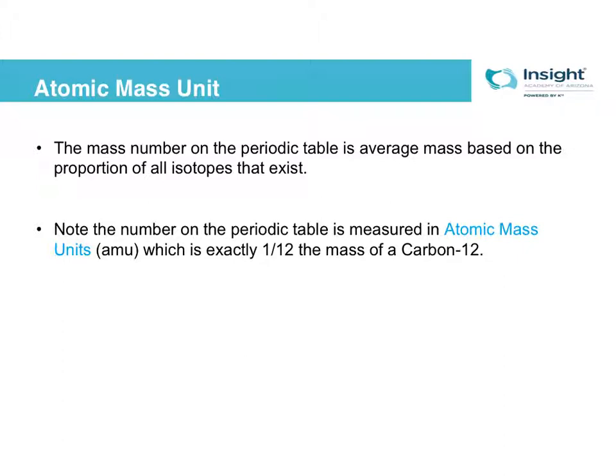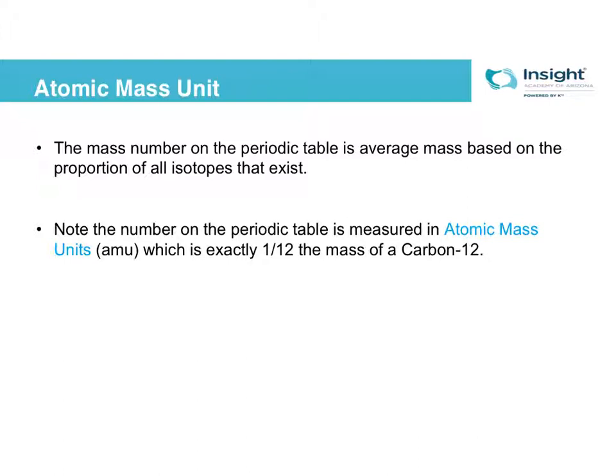So it's a little bit bigger than 12 because, if you have a sample of carbon, a certain number of them are probably going to be carbon-13s, and a few of them are going to be carbon-14s. All right, so that decimal value is just the average of all the different isotopes. Most of them, like 99% of the carbon atoms, are going to be carbon-12s.